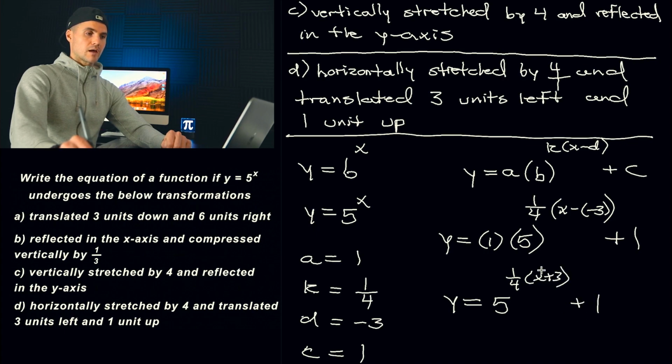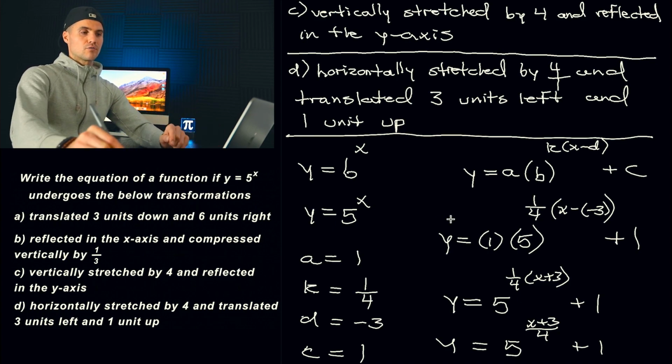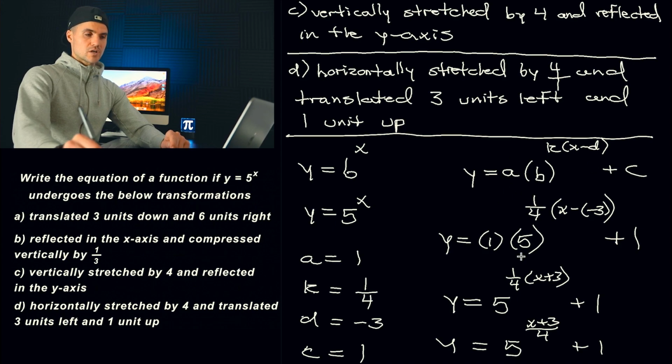By the way, I'll quickly mention here, sometimes you could see the exponent be given like this. If you were given something like that, an equation like that, you can then take out the denominator of 4, put it in front, so it could be in that general transformation format.